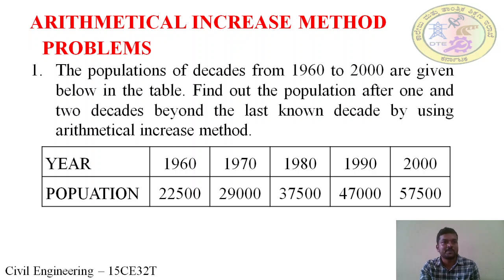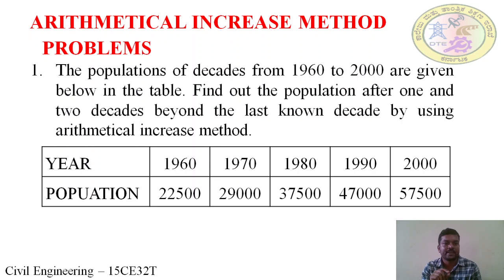Let us solve problems on the arithmetical increase method. The populations of decades from 1960 to 2000 are given below in the table. Find out the population after 1 and 2 decades beyond the last known decade by using the arithmetical increase method.